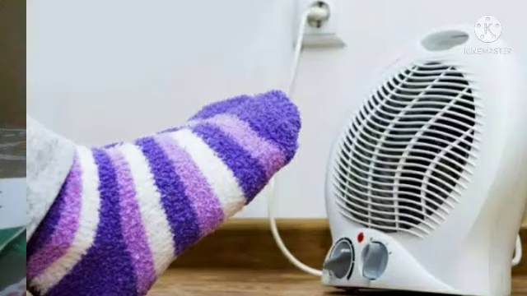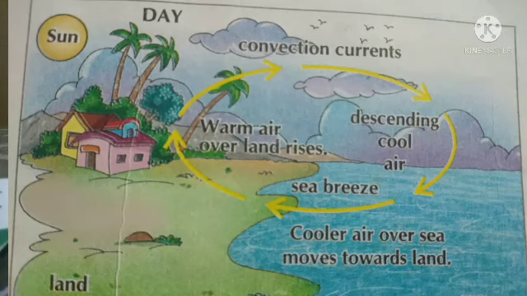And the next one is convection current in nature. Okay, maybe you already learned about sea breeze and land breeze. Mostly in coastal areas, these breezes blow. When the breeze blows from the sea to the land, it is considered a sea breeze, and it occurs during the daytime.